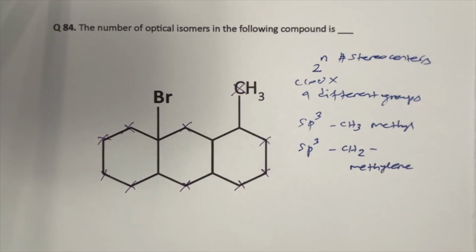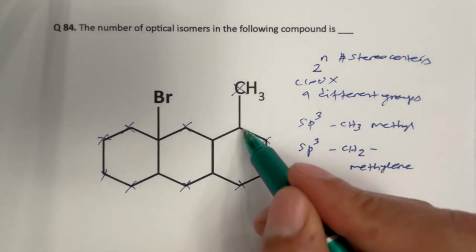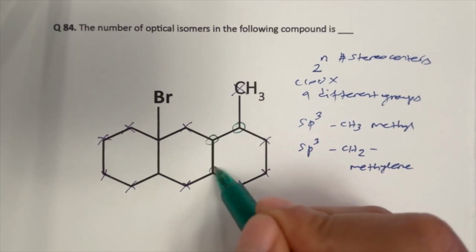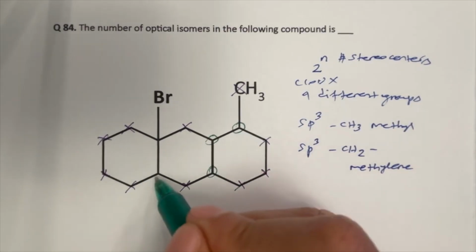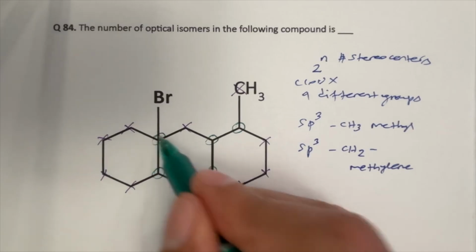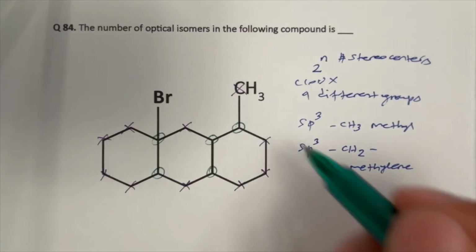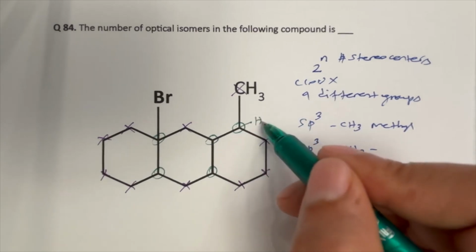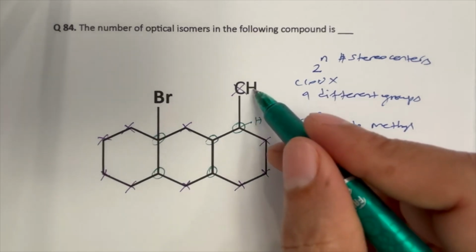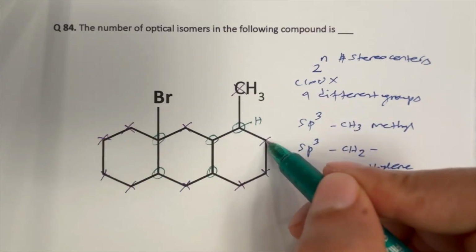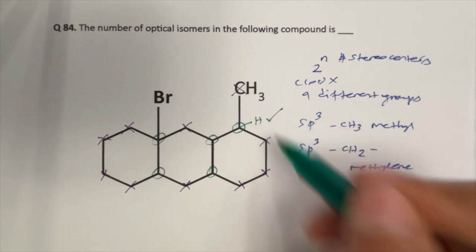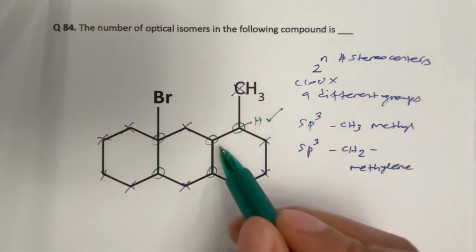So we eliminated all those things, and now let us round those carbons that are remaining. 1, 2, 3, 4, 5. These could potentially be chiral centers. Let us check these one by one. We have a hidden hydrogen here, methyl group, CH2 on this side, CH here. Therefore, this is indeed attached to 4 different units. How about here?